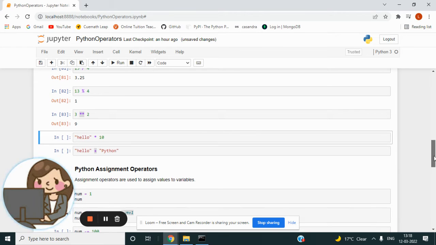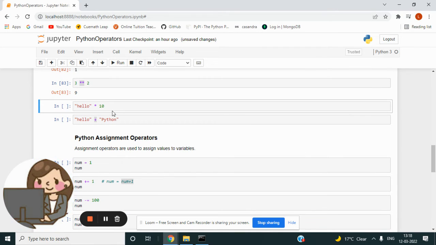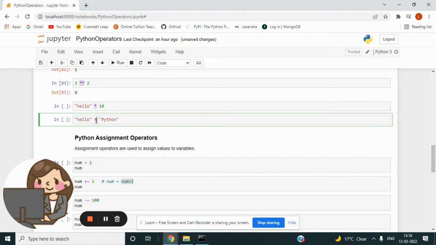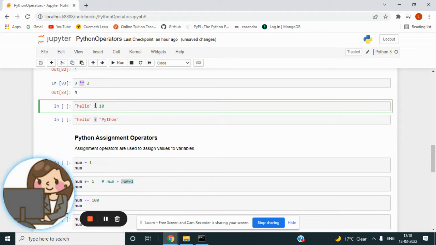Now, we have seen what these operators do earlier. This is a multiplication operator and this is an addition operator. When these operators were used between two integers, they performed multiplication and addition. Now, here I am using the multiplication operator with a string and a number.